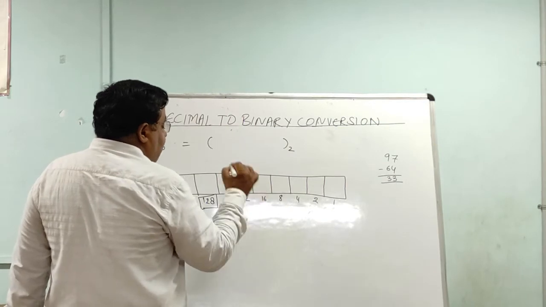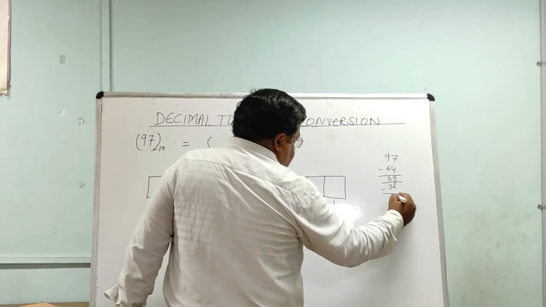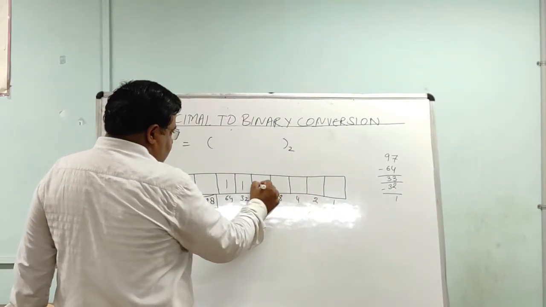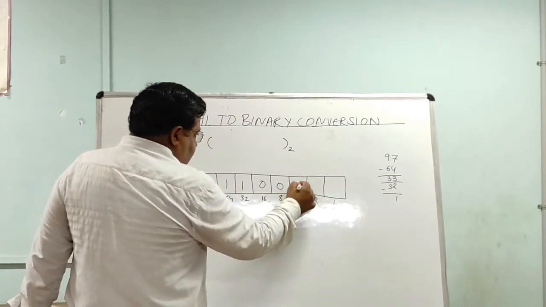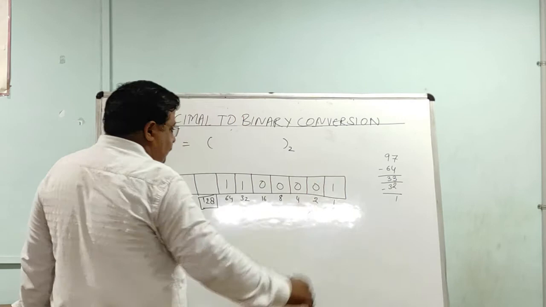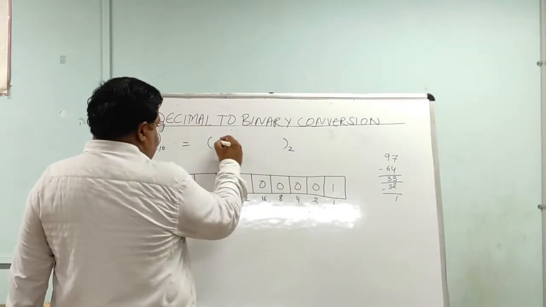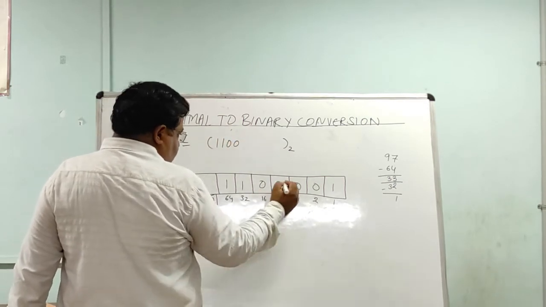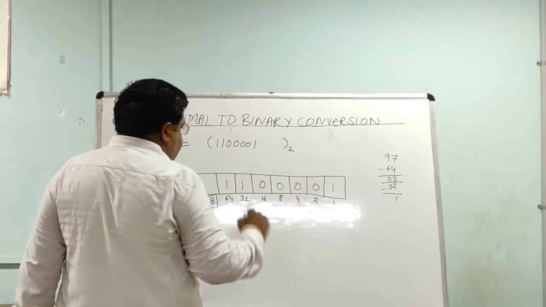So again I will put a 1 here, and I will subtract 32, I will get 1. Now 16 is greater than 1, I will put 0. 8 is greater than 1, I will put 0, 0, 0, 1. Now my number is 1, 1, 0, 0, 0, 0, 1.